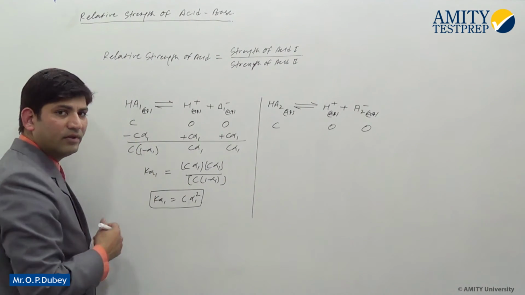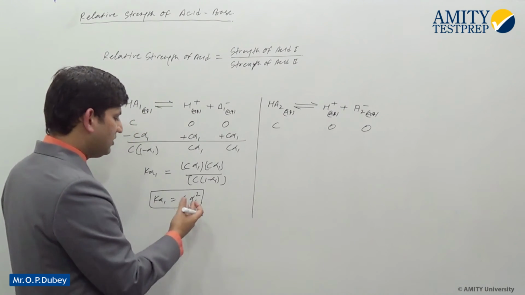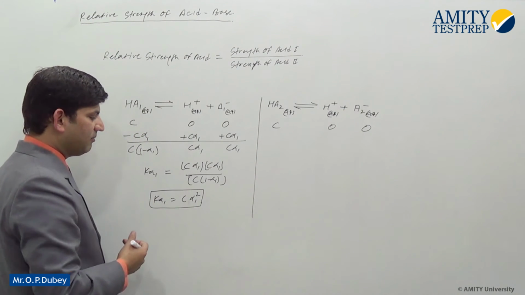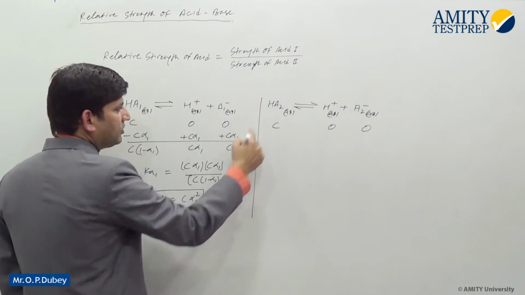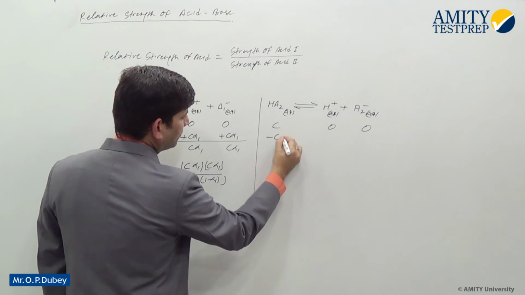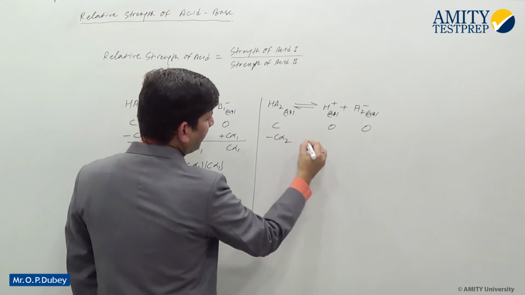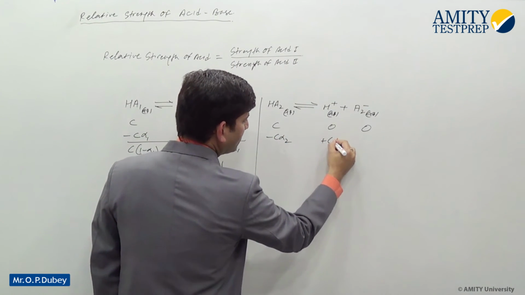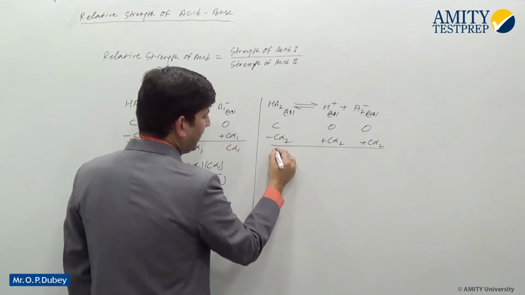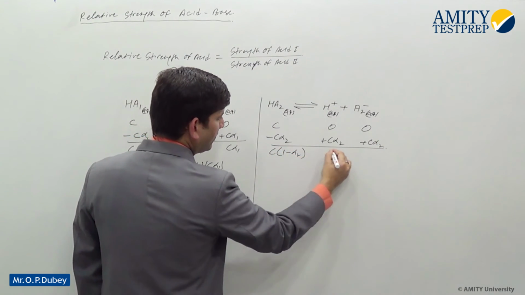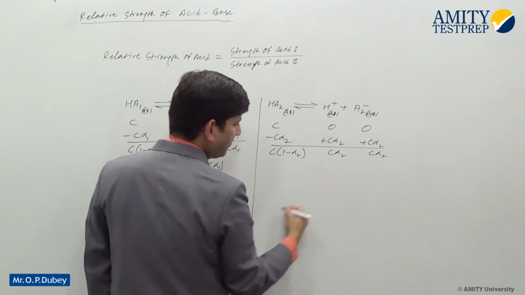Since it is a very weak acid, the degree of dissociation can be neglected as compared to 1. Similarly, if the degree of dissociation of the second acid is alpha 2, it dissociates C alpha 2, and at equilibrium the concentrations are C(1 - alpha 2), C alpha 2 and C alpha 2.